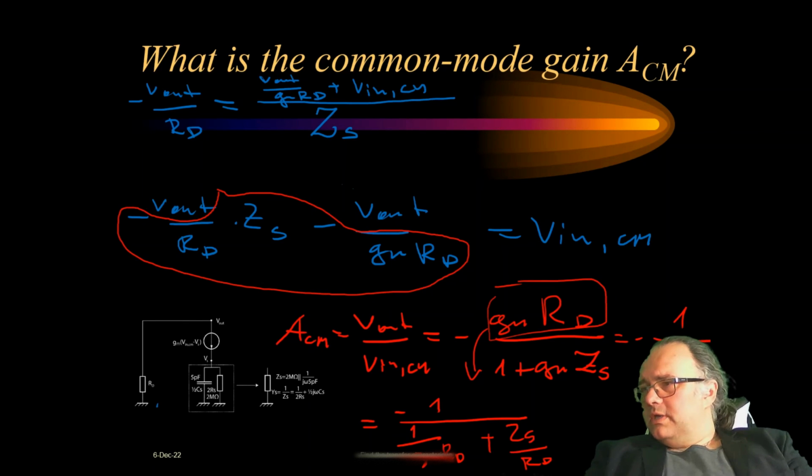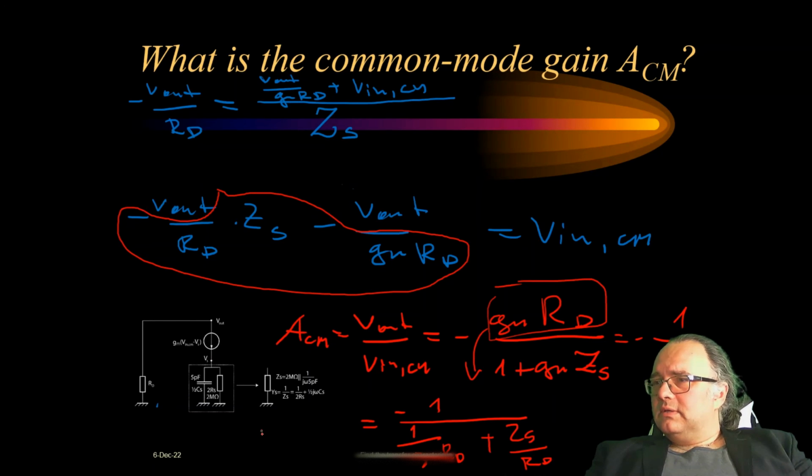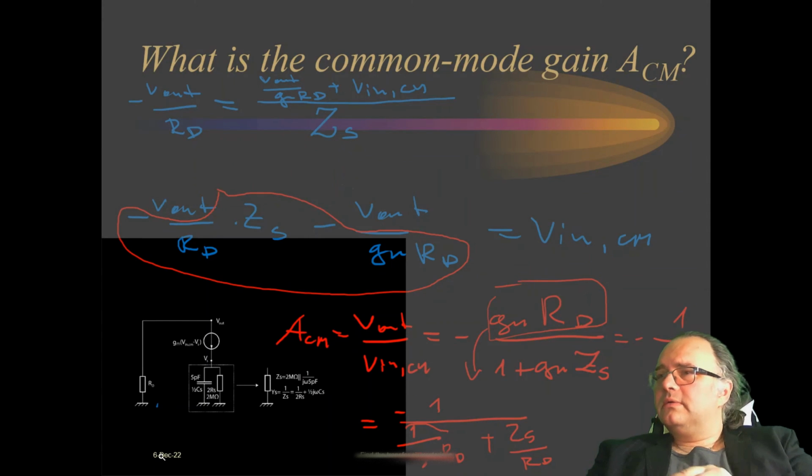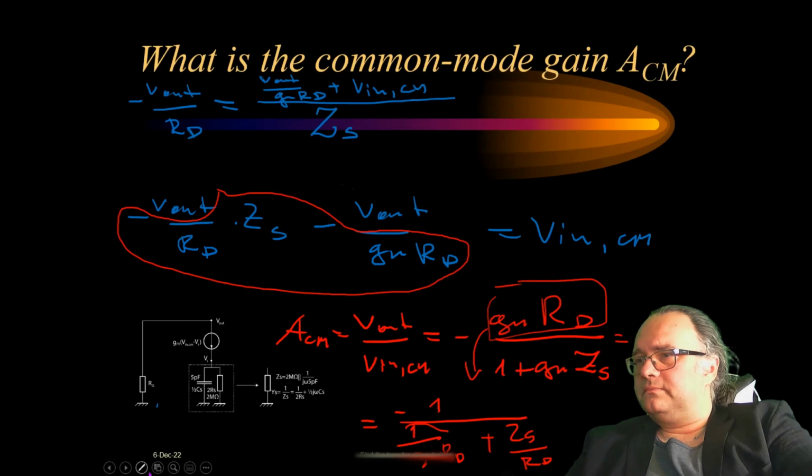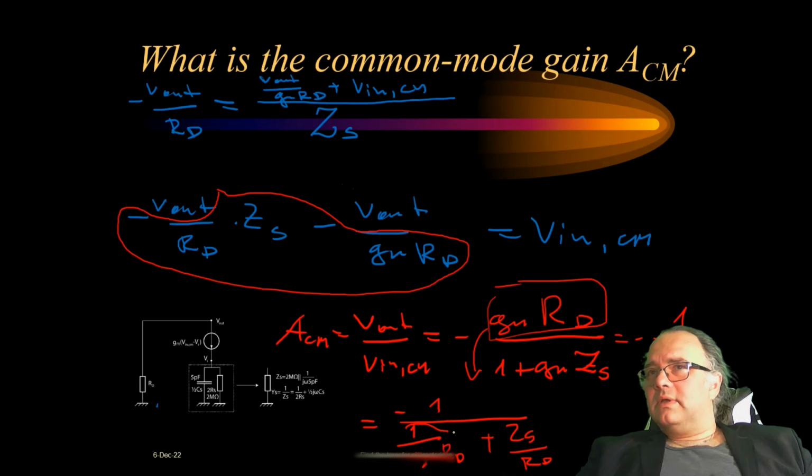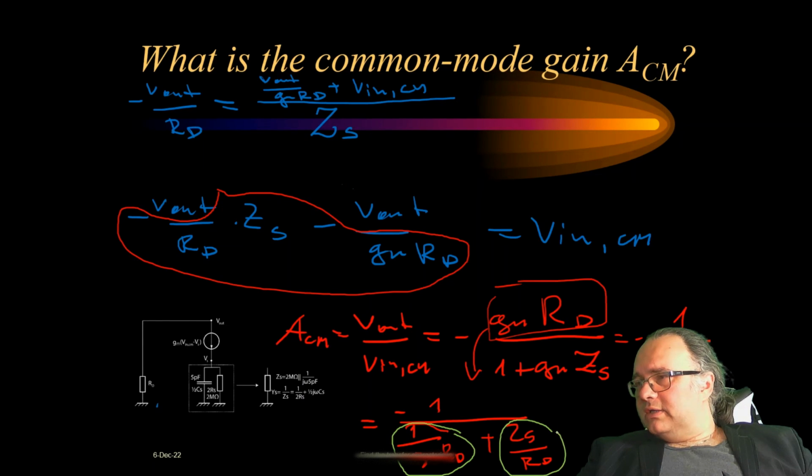So now here we recognize that this part 1 over GM is much smaller than ZS over RD. You see here GM is usually large and it multiplies RD. Well, here we have ZS, which means that this will be negligible.